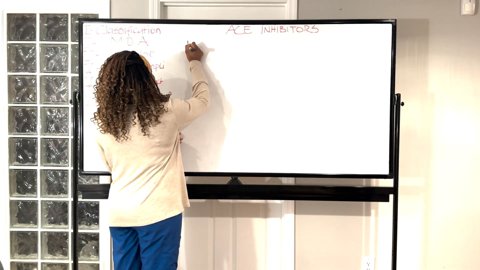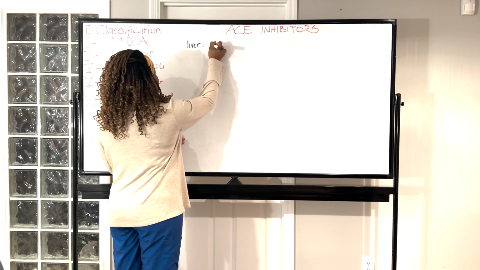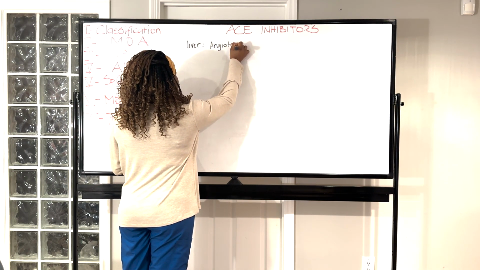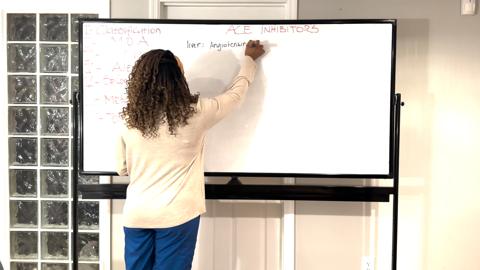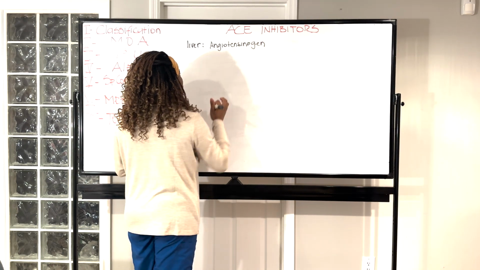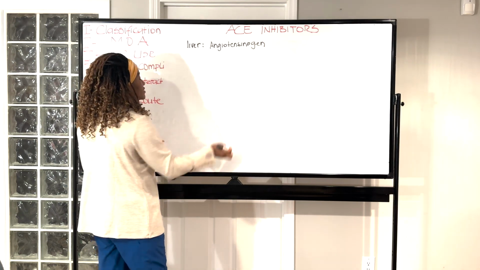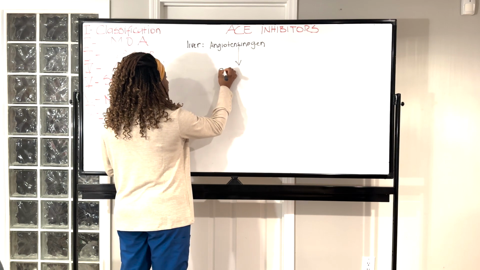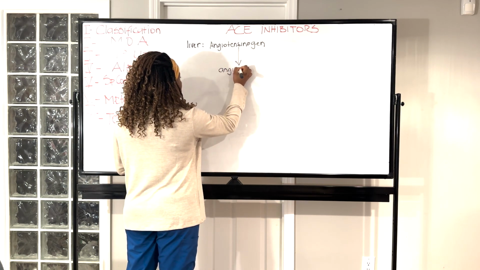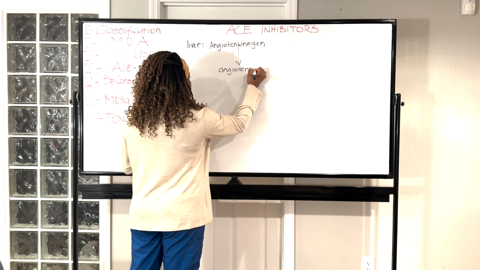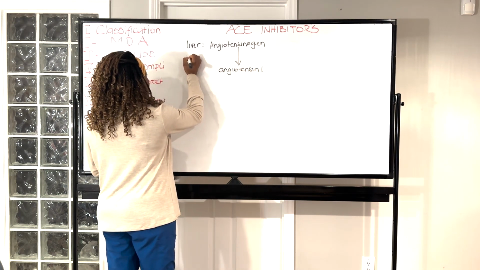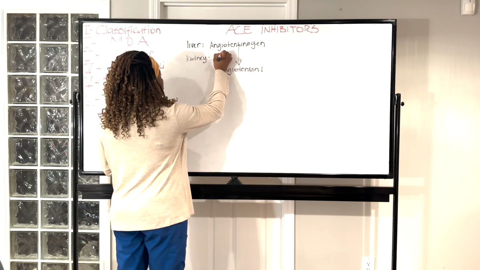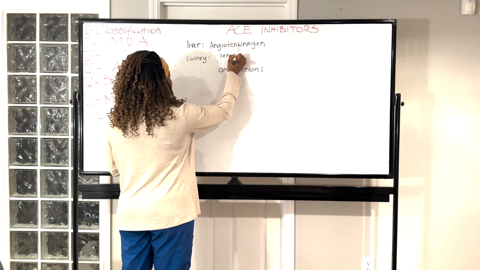So we have the liver. It's going to secrete angiotensinogen. Remember, the liver is the manufacturer of our protein. Now that angiotensinogen is going to be activated into angiotensin 1 by the kidney secreting the renin hormone.